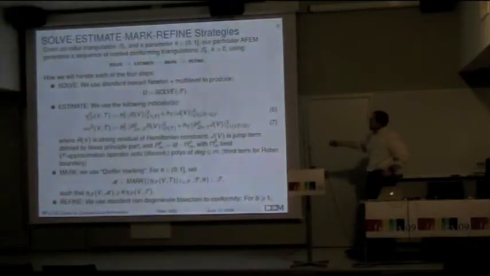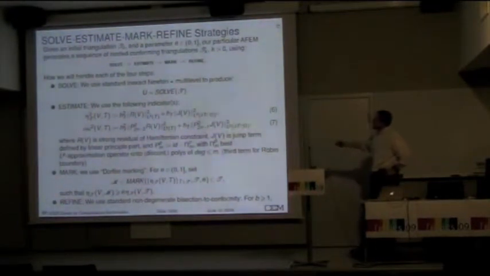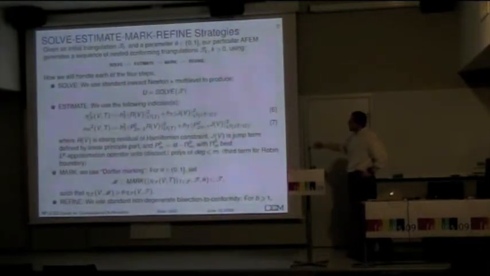Okay, and then the estimate step is based on doing a residual calculation. So this is basically looking at the strong form of the nonlinear problem locally, and then some jump terms across all the element boundaries in the domain. I'm sort of ignoring a possible boundary condition here.